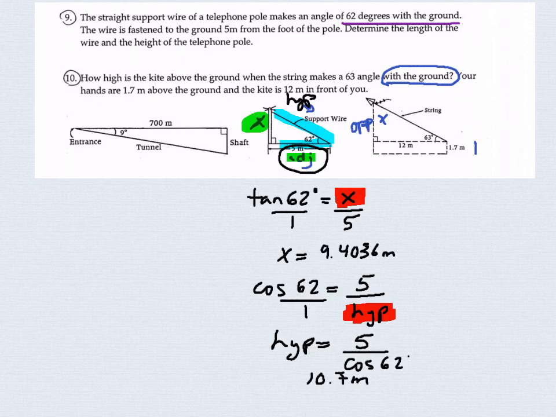So if you're given a question where your unknown is the opposite and your given is the adjacent, that's a tangent question. It must be solved accordingly. So the tangent of 63 degrees is found by taking the opposite side, call it x or OPP, divided by the 12, which is the adjacent side.